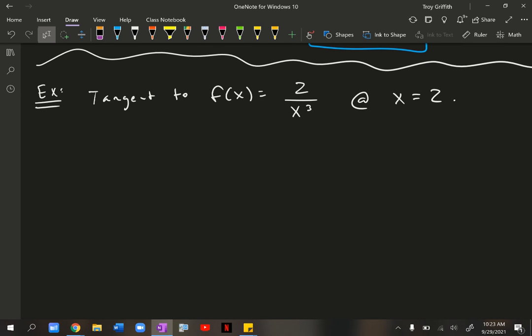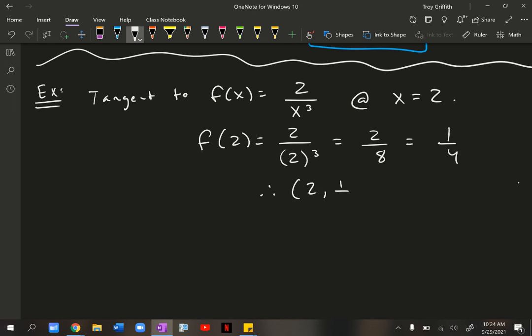All right, so tangent line, I need a point and I need a slope. First things first, let's find f of 2. So I can find my point. If I do this, 2 over 2 cubed is 2 over 8. This would be 1/4. All right, so my point would be 2 comma 1/4. When I plug in 2 to the function, I get 1/4 for y.